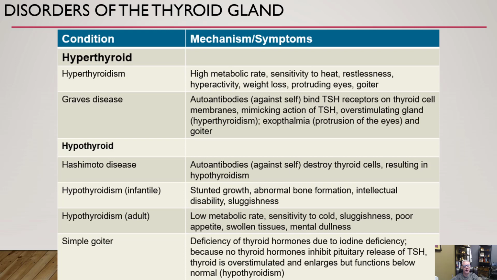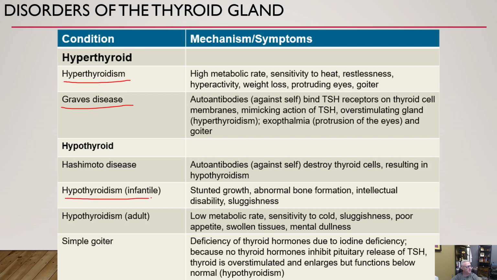We do have some diseases that affect, too much thyroid and too little thyroid hormones. You will need to know the symptoms of hyperthyroidism, and you will need to know the symptoms of Graves' disease.